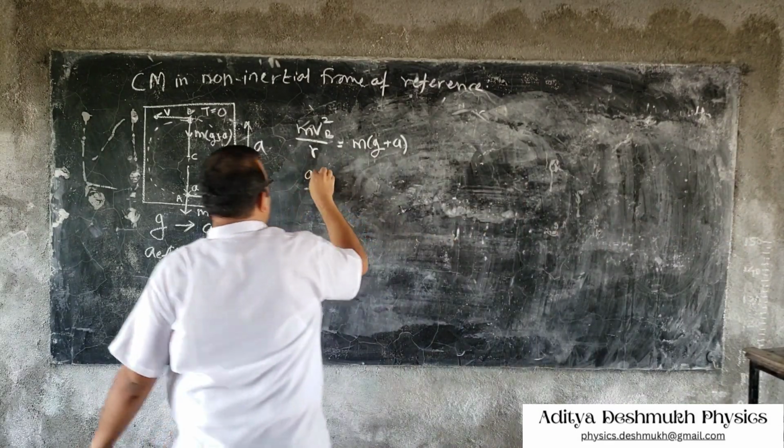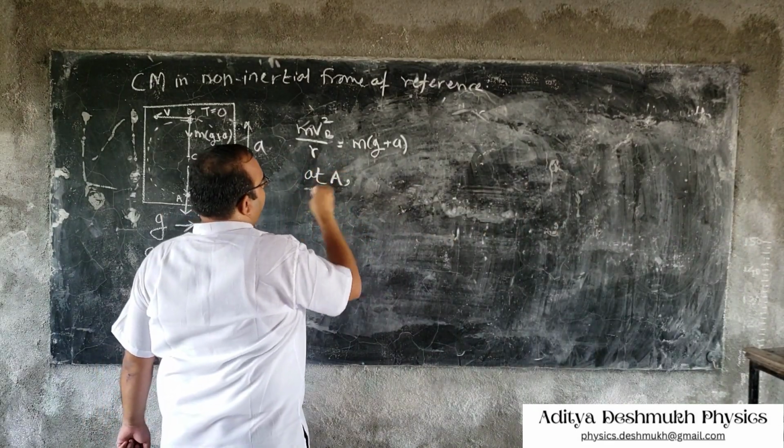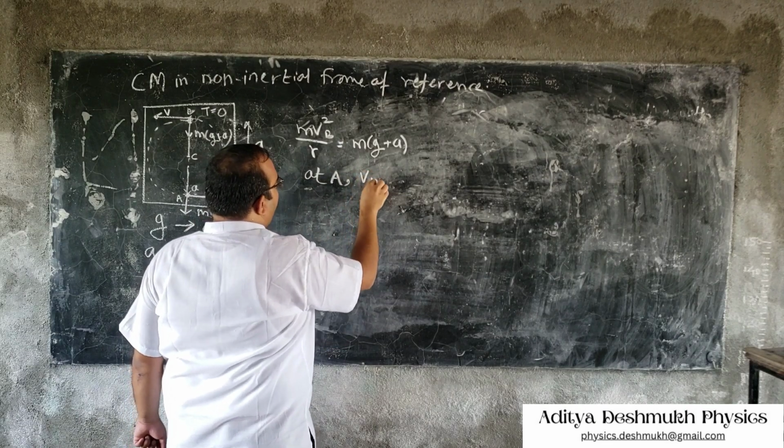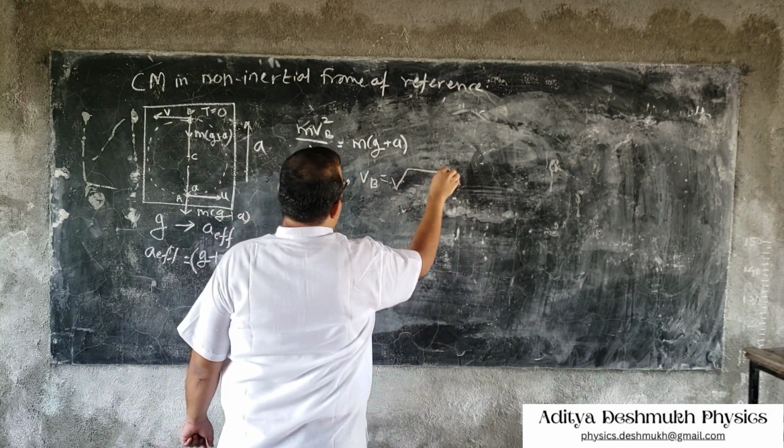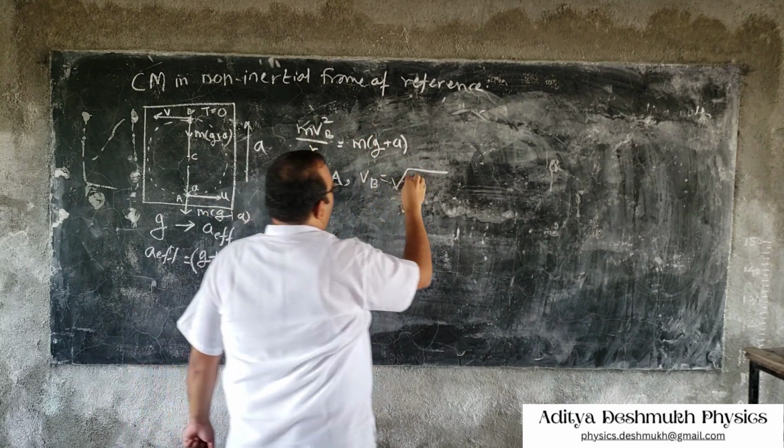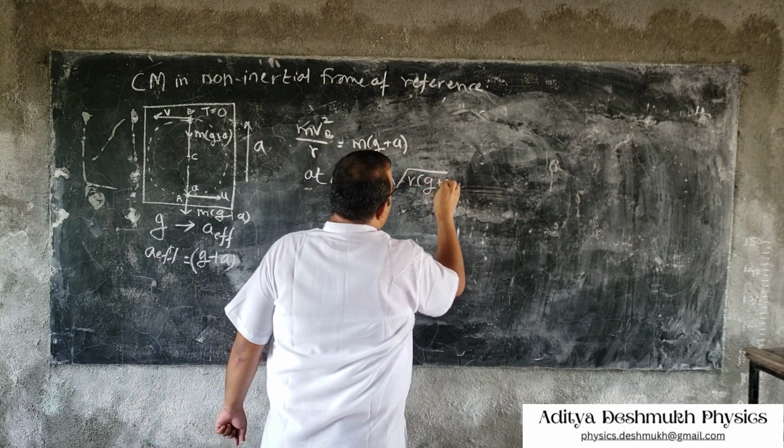So at point A, my vB will be root of r into g plus a.